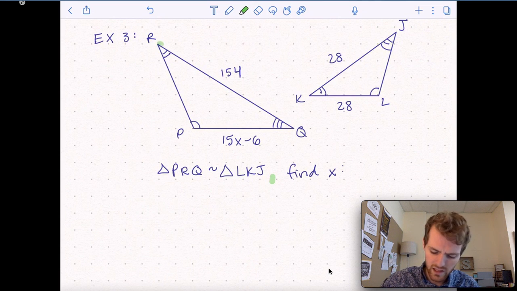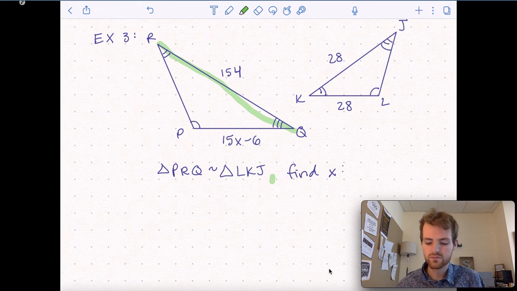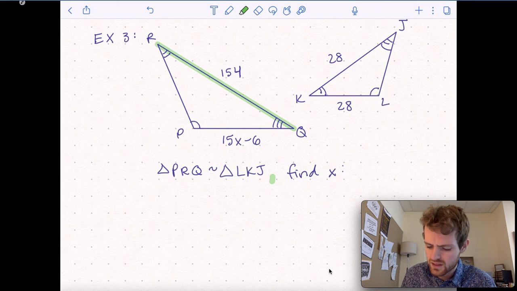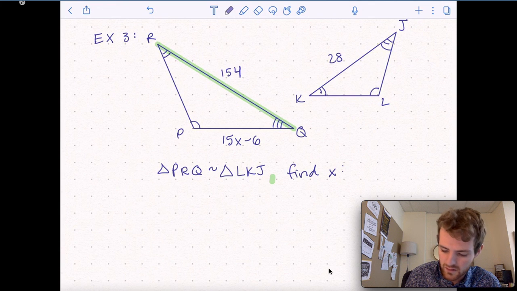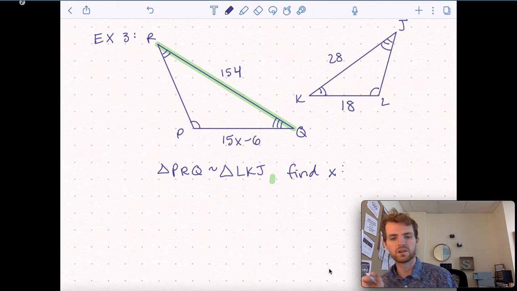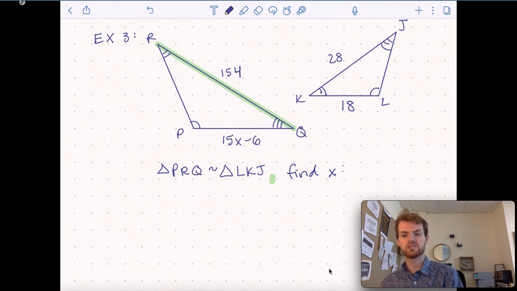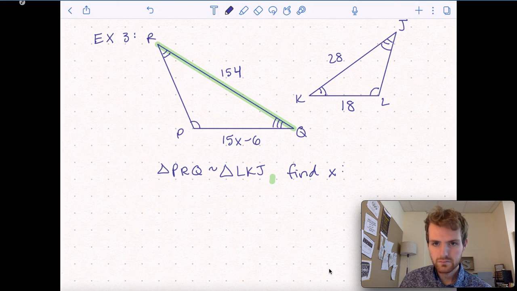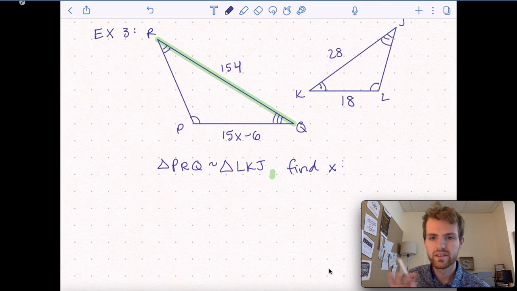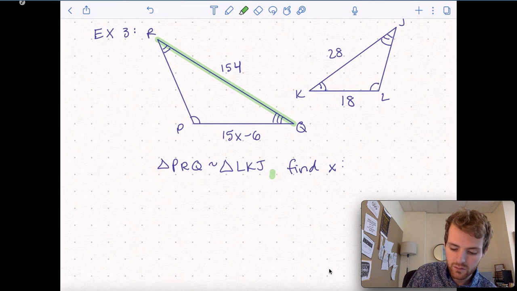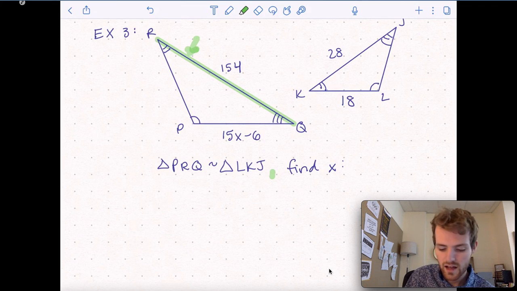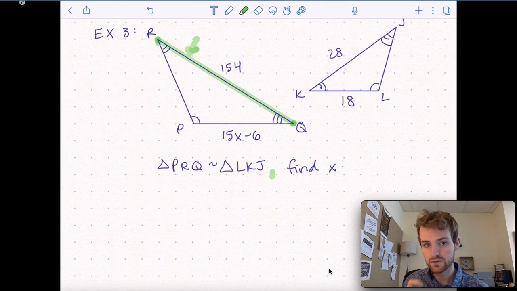So if I look at this side, RQ, in the big triangle, what side does that relate to in the smaller triangle? Riddled with mistakes in this example, my apologies. Will 154 go with the 28 or the 18? Here's a way that we can check. Do you see how this 154 side has one piece on R and one piece on Q?